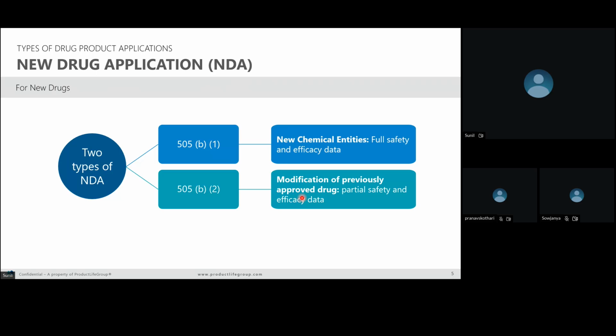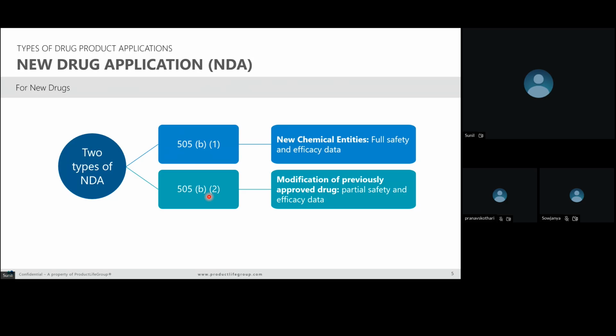In 2031, it gets approved as an entirely innovative product. In 2035, some other company or the same company makes changes in important parameters of rosuvastatin, then it will fall under 505(b)(2).